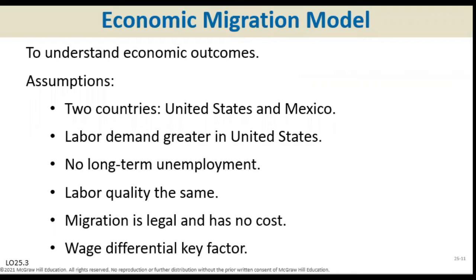We also assume that migration has no cost, and migration occurs due to wage differences between the United States and Mexico. There are no laws that will impede the flow of labor between the two countries.